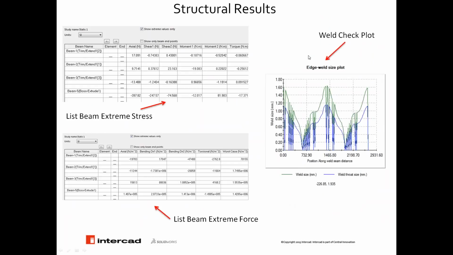Also, we can have a weld check plot, look at the variation of the weld size around its geometry, or listing all the components we have here for the extreme stress values or force values.